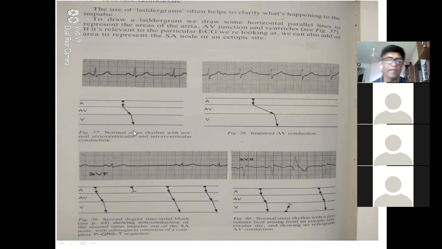What is the best time to save the heart after the heart attack? How many hours? Within 1 hour. So what is that called? It is called golden hour. Very good. Congratulations. So that 1 hour is called the golden hour. What do you have to give within 1 hour?